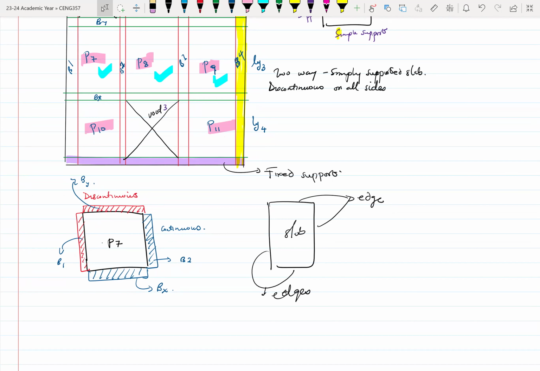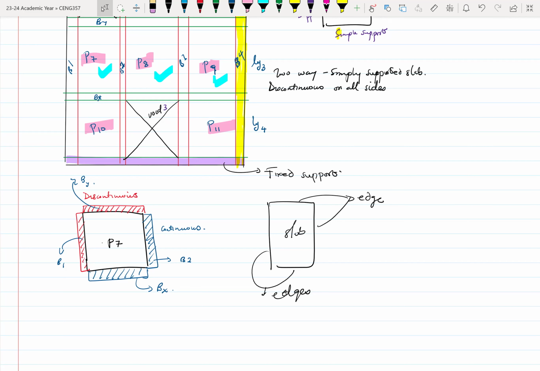That'll be table 3.1, I think 3.13 and 3.14. Okay, all right. So these are typically what you call, they can be interior panels or exterior panels or whatever.